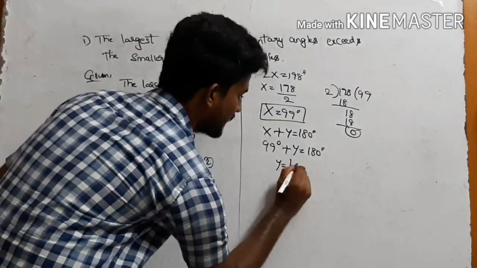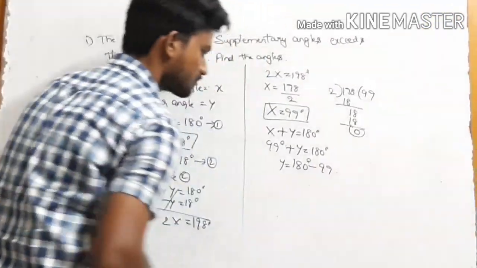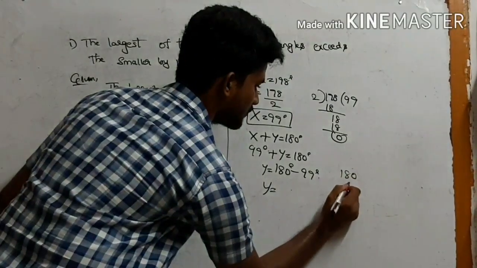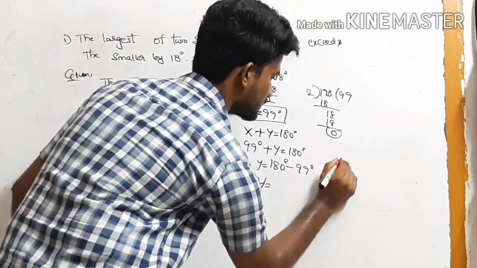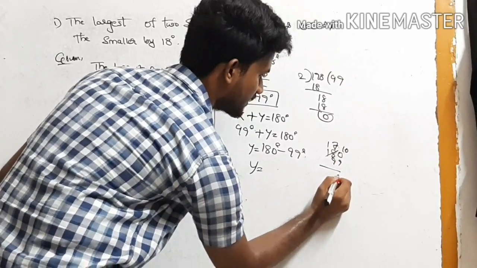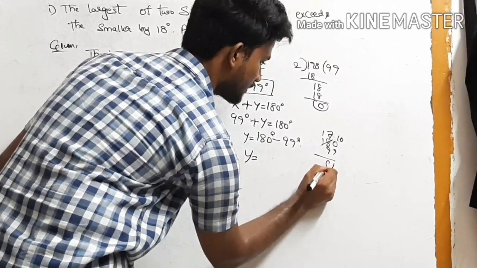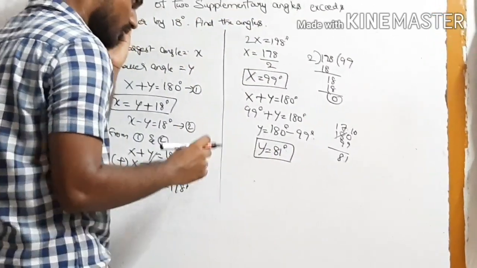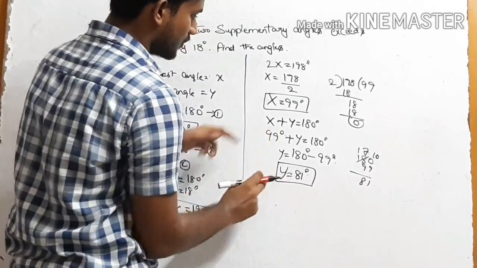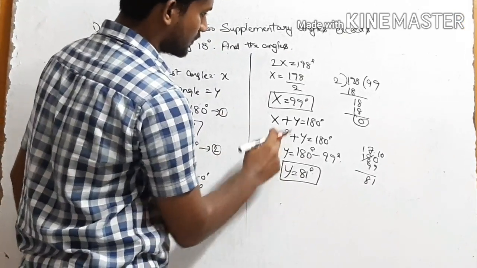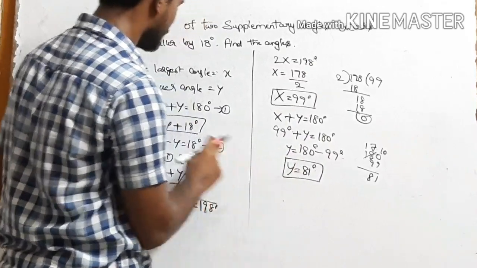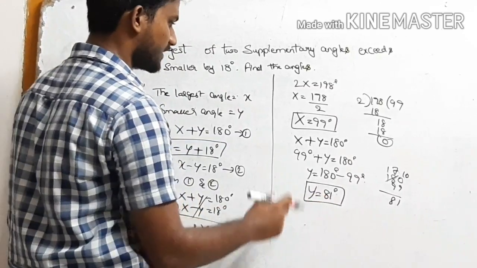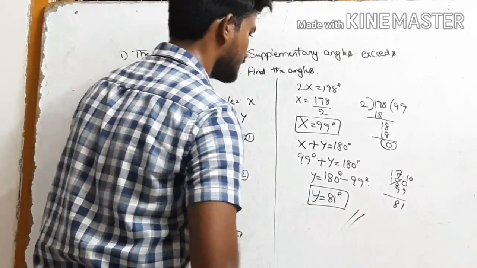Y equals 180 degrees minus 99 degrees, which is 81 degrees. If you have a doubt, sum x and y: 99 plus 81 equals 180 degrees. And x minus y equals 18 degrees. This is the answer.